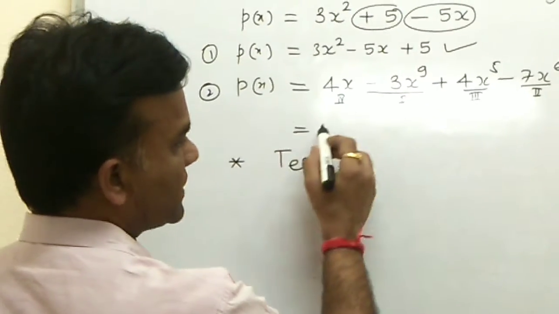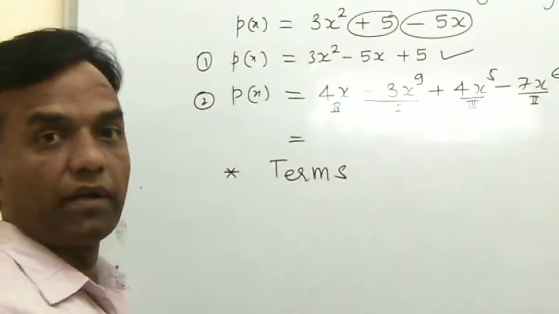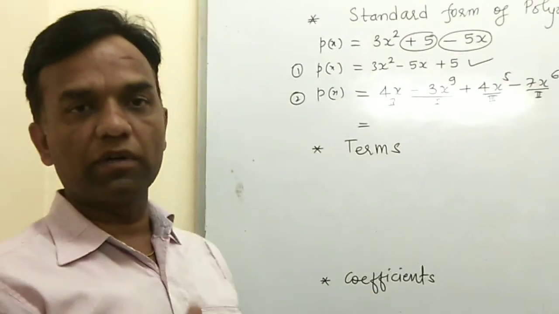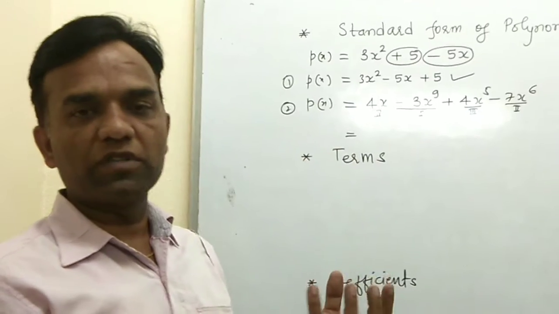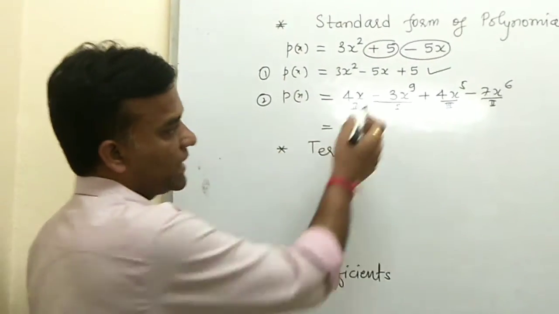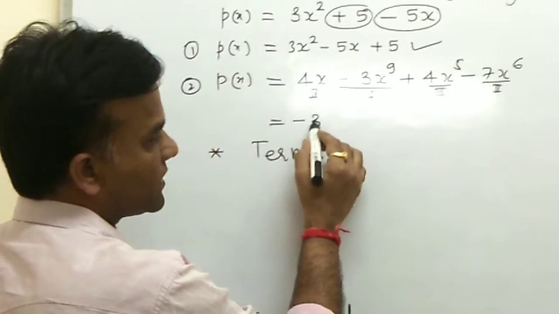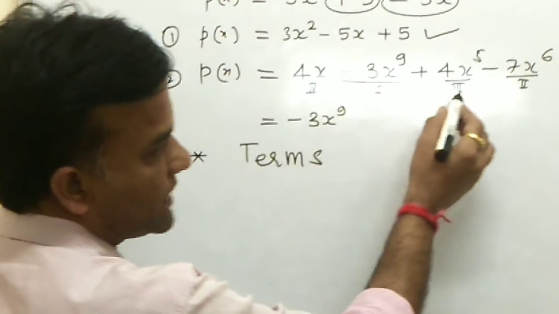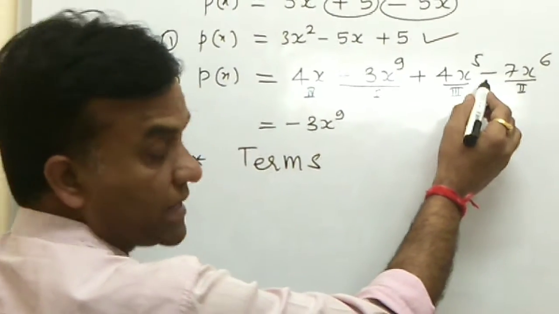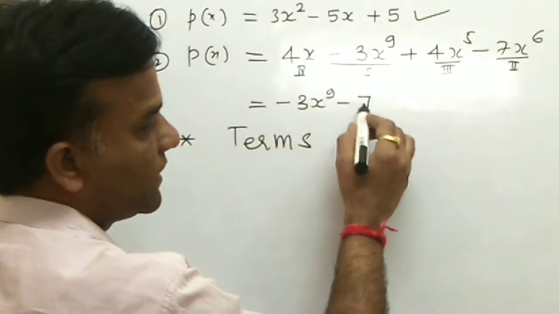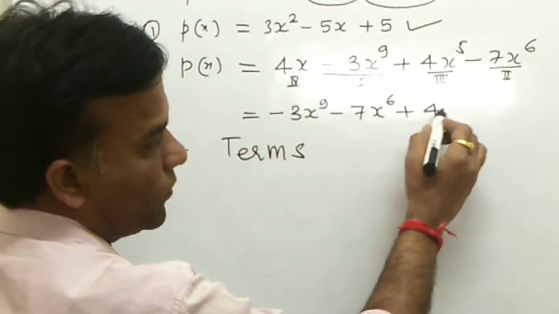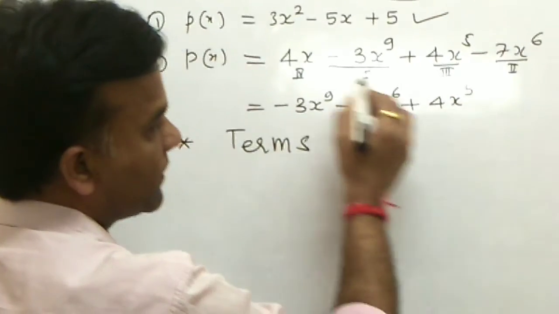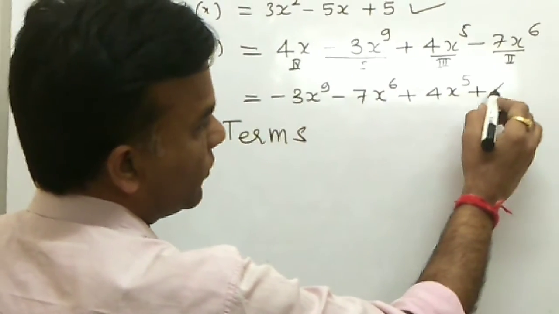Okay, so first you denote all the terms with their positions like this. So first you write this, always with its sign. Not only do you take out your number and the variable, you always bring it to the first position with its sign. Suppose the minus sign is here, so you put minus 3x to the power 9, and then the second term is this, also with a minus sign, so you put minus 7x to the power 6, and then in third position you have 4x to the power 5, and last you have 4x.